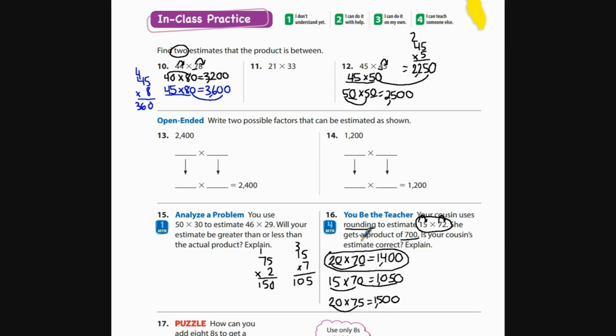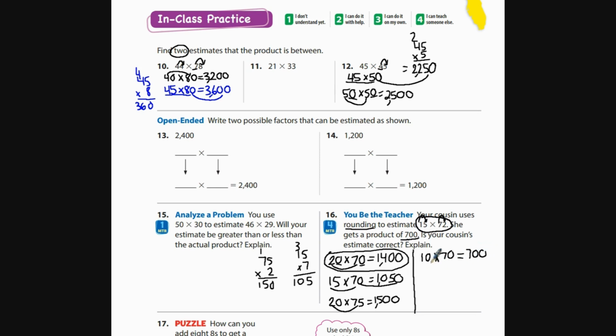So 15 is rounded to 20, and 72 does round to 70. So if your cousin used rounding correctly, then she would have had 20 times 70, which is 1,400. But I'll tell you what your cousin did. Your cousin said, oh, 15, I'm going to make that a 10 times 72, I'm going to make that 70. This is going to give me 700.